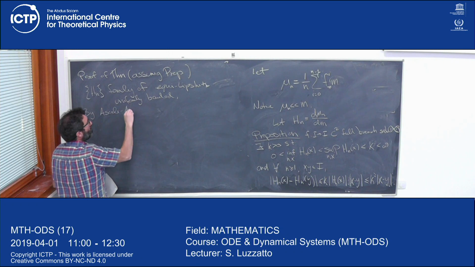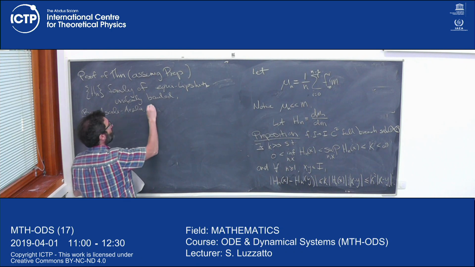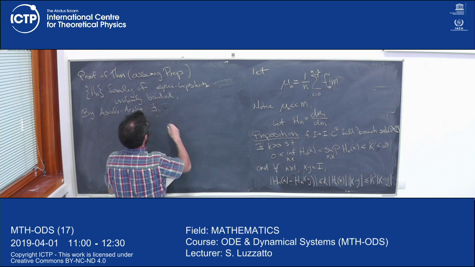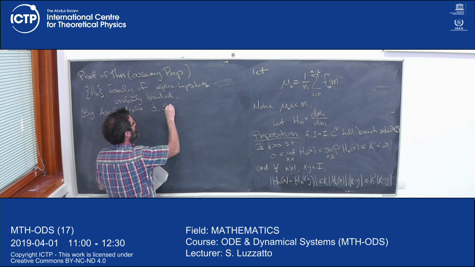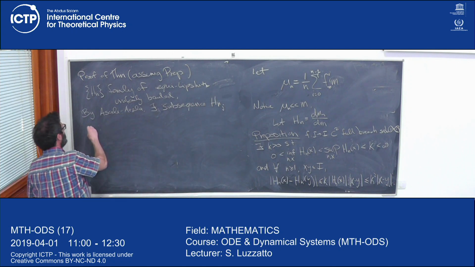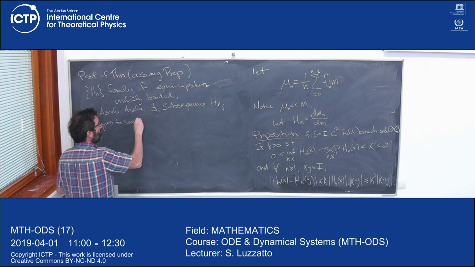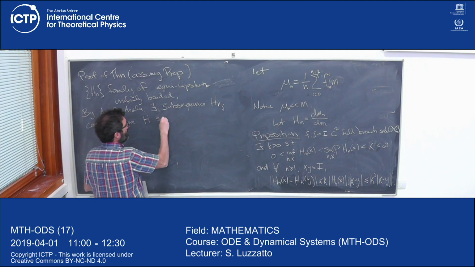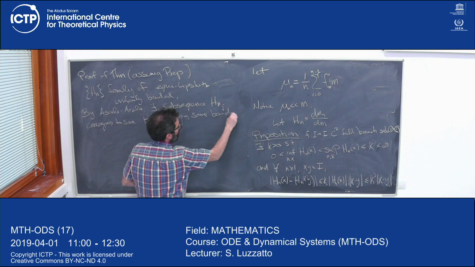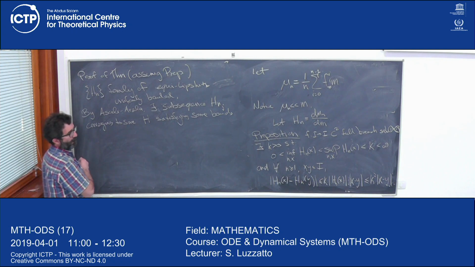So by Ascoli-Arzelà, there exists a subsequence Hnj converging to some H satisfying the same bounds as this.